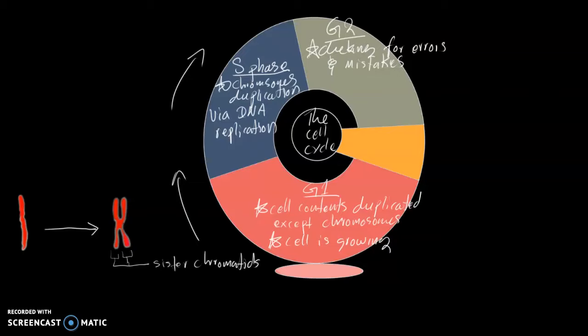And if you're curious about the proofreading mechanism, there's basically a particular group of enzymes called DNA polymerase that recognize these mistakes during DNA replication. For more details on DNA proofreading, that will have to be a separate video.